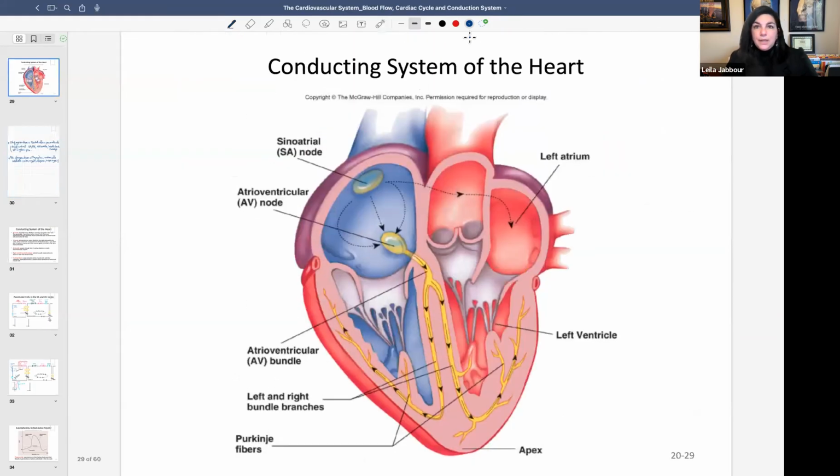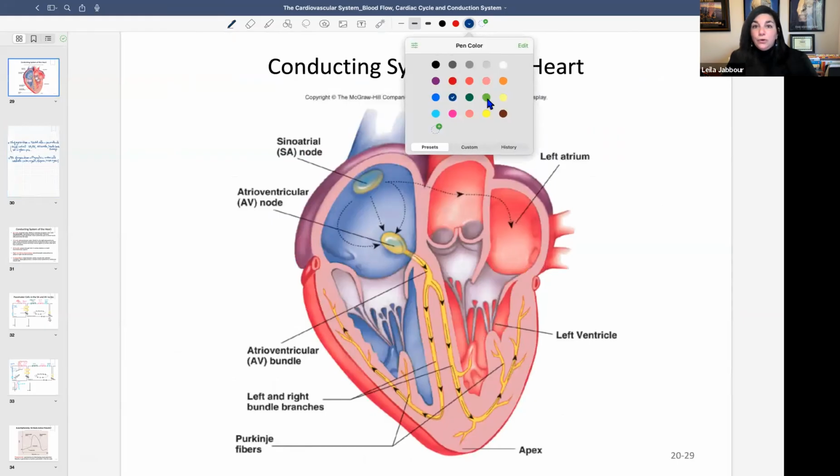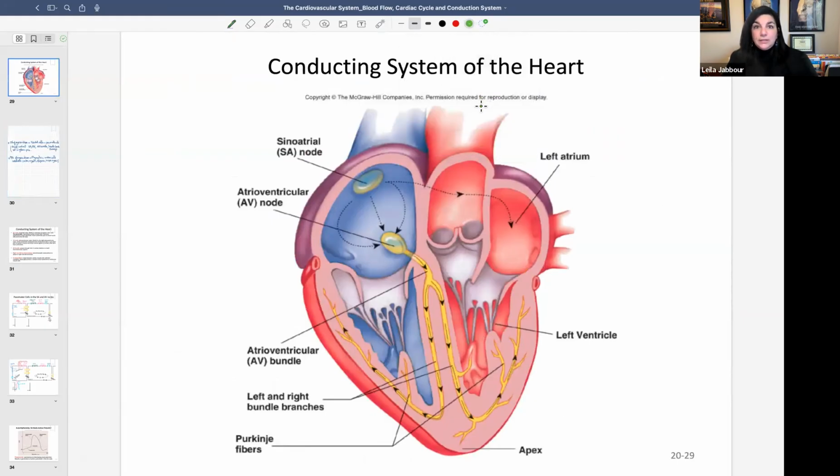Here we go. I'm going to use green for drawing this conduction system. So we start with the SA node. In some books they say lateral, some books they say medial. I believe it's on the lateral side of the entrance of the superior vena cava. It's not a big deal.